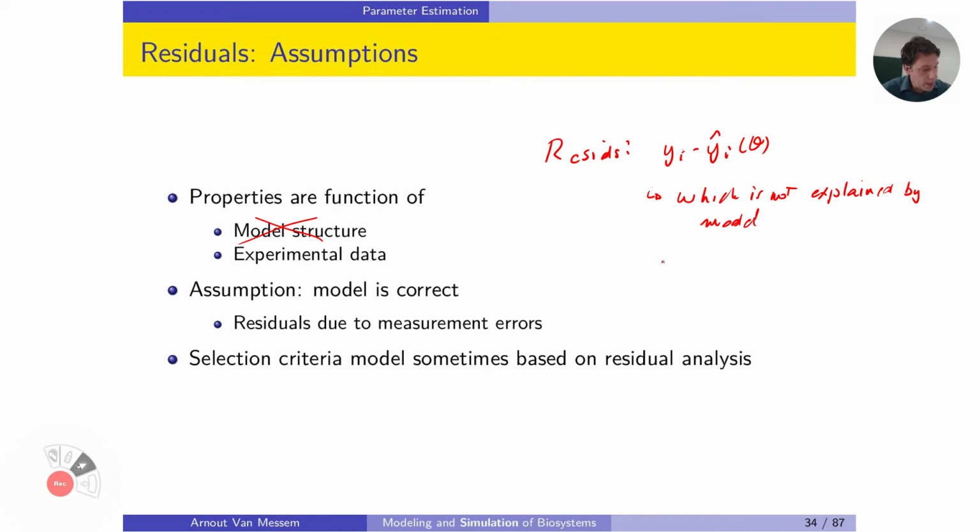And so it also bears information on the model quality. Because if the residuals still show a trend, some pattern, it means that the model was not sufficiently good, because then we could have found a better model to remove the pattern. So it carries information on the model quality, and so sometimes selection criteria for the model are also based on residual analysis.